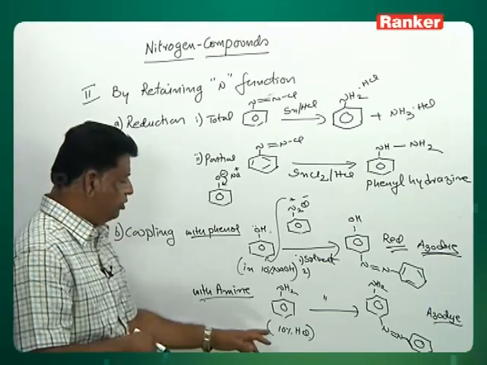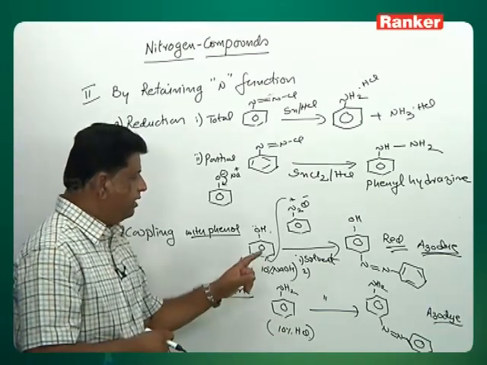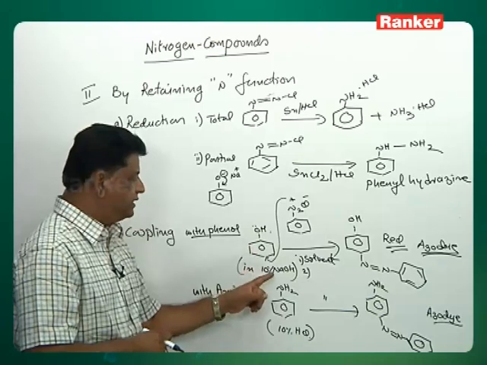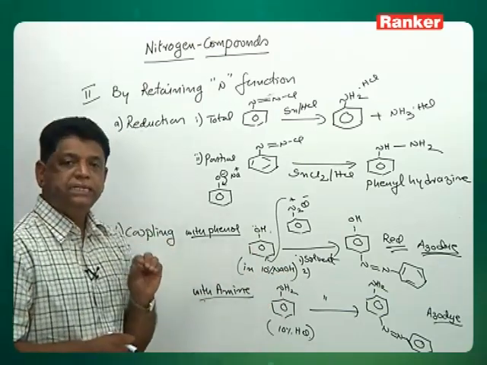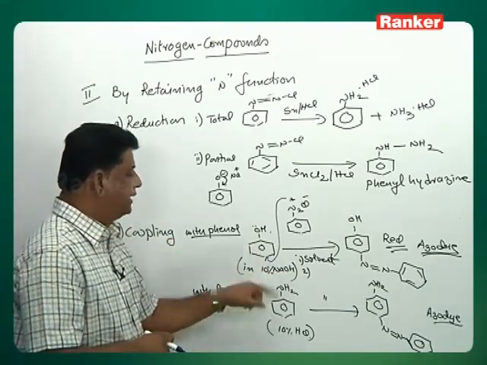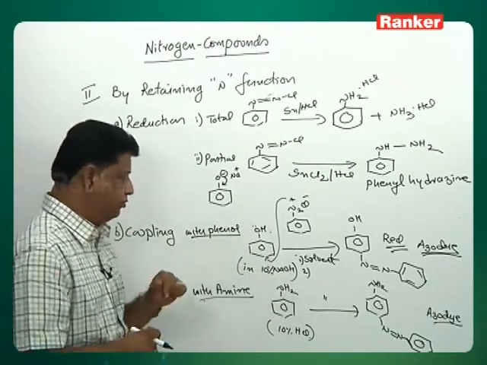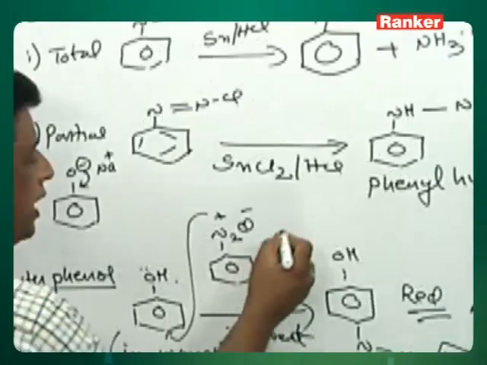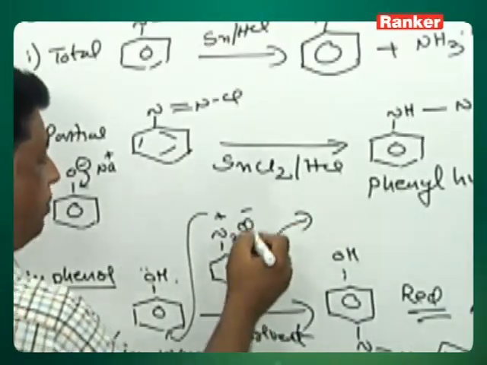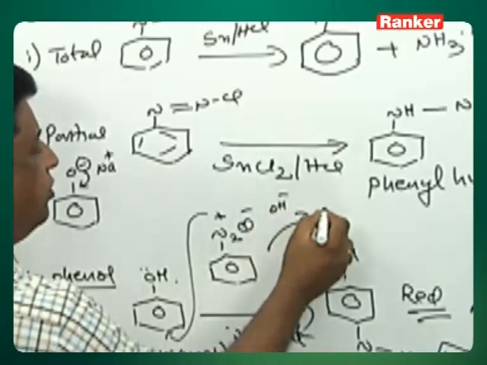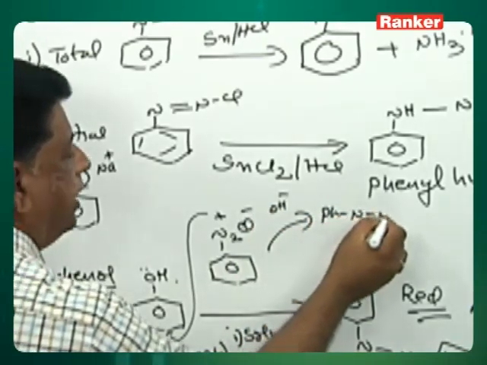Similarly, consider the role of HCl. If instead of NaOH you take HCl, in the acid, phenol won't be soluble. If you take too much strong base, what happens? If you add OH minus, the diazonium salt will become Ar-N=N-OH.